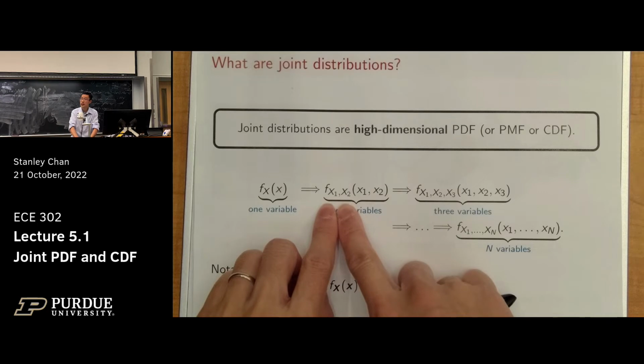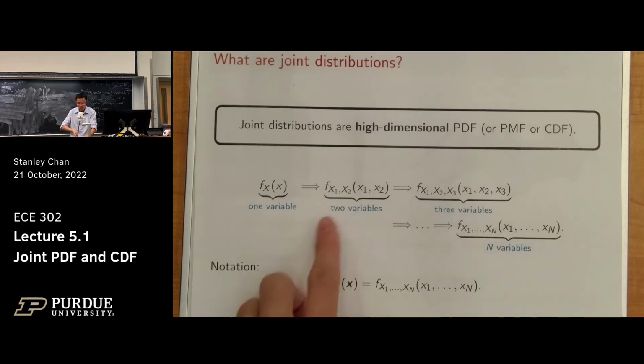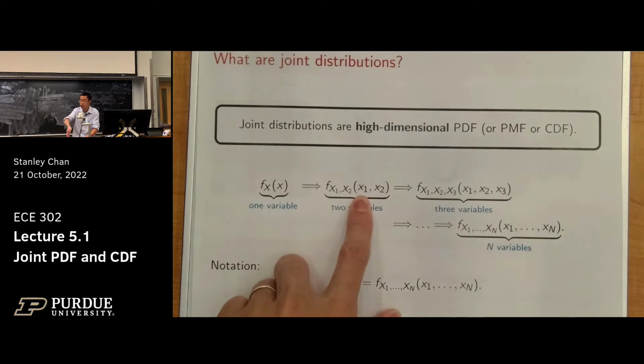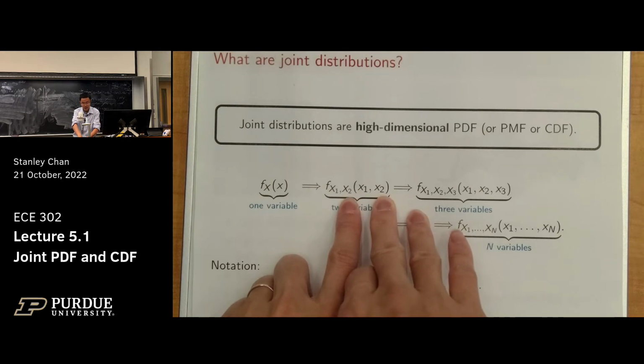Then we want to look at their PDF. Because you have two random variables, the PDF has to be two-dimensional. You will have one axis specifying the state of the first variable x1, and another axis specifying the state of the other variable x2.